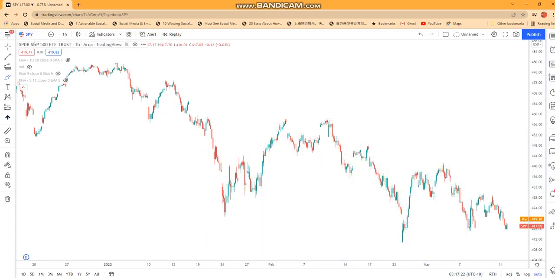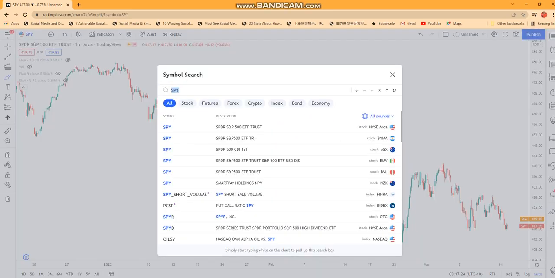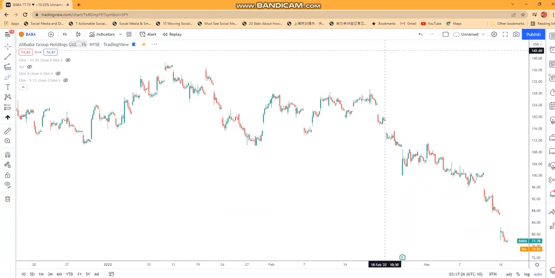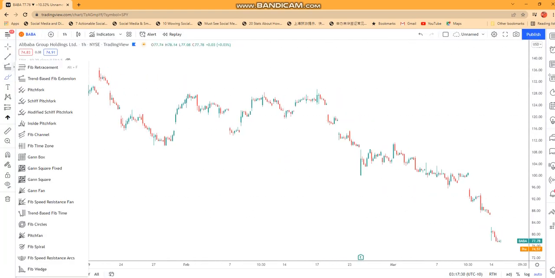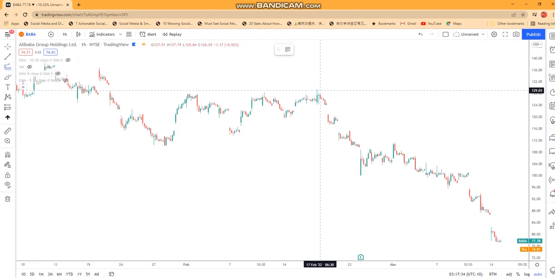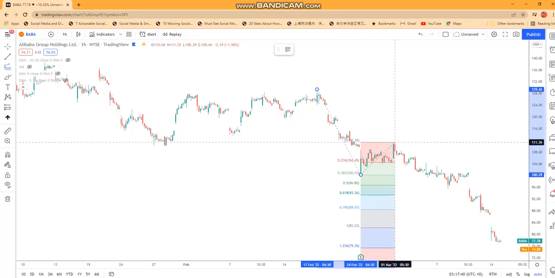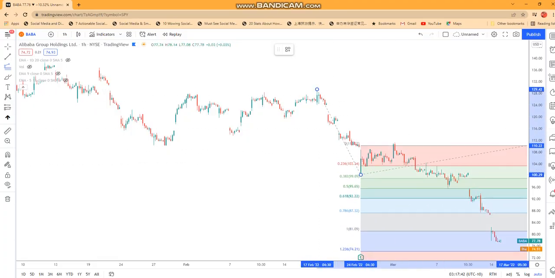So for example, let's say on BABA, you want to see where BABA can drop to, or where is the next BABA support, because clearly there isn't anything else really. I will probably pull from here. Maybe this is the swing high. I pull it to the swing low, and the next swing high is somewhere here. I'll just extend it out.